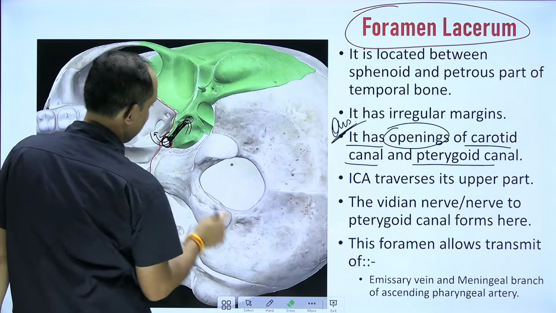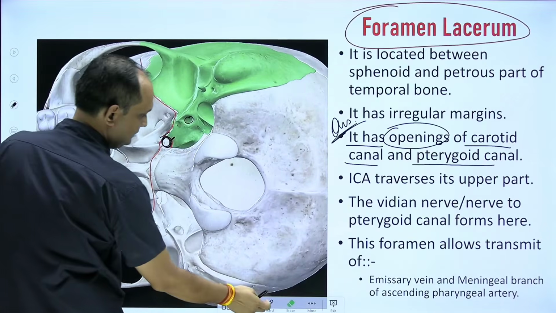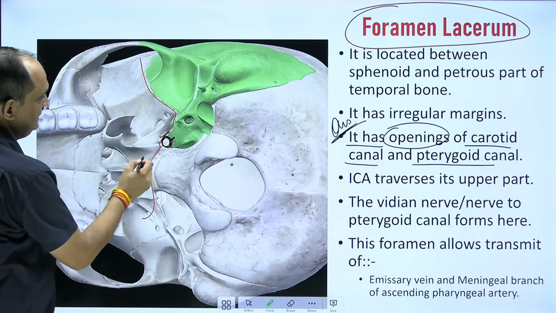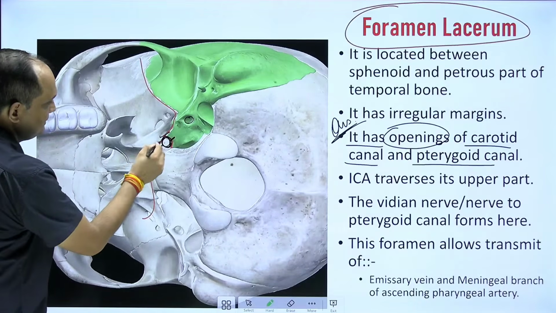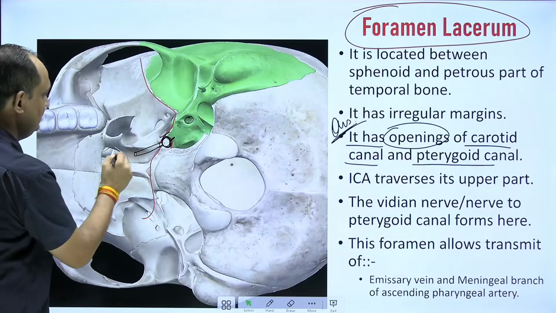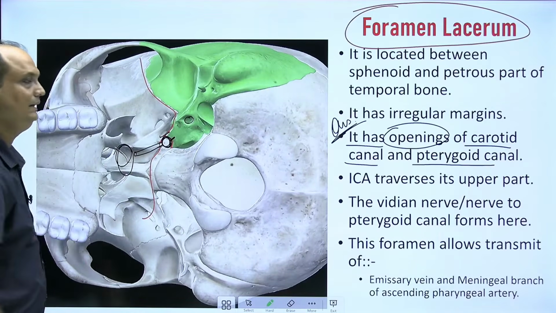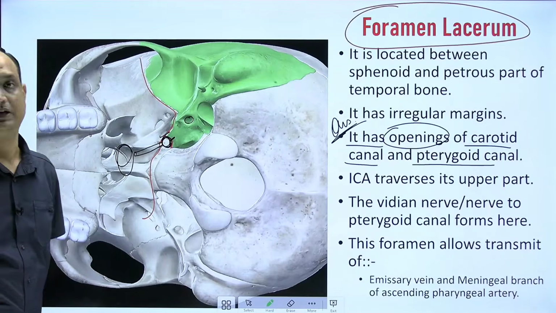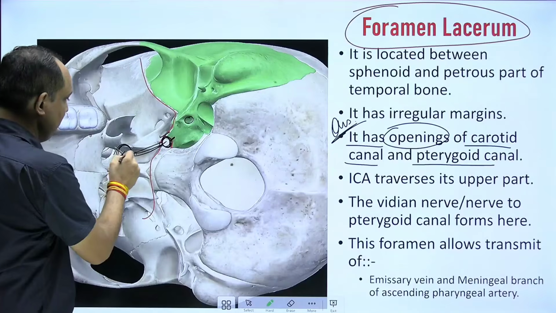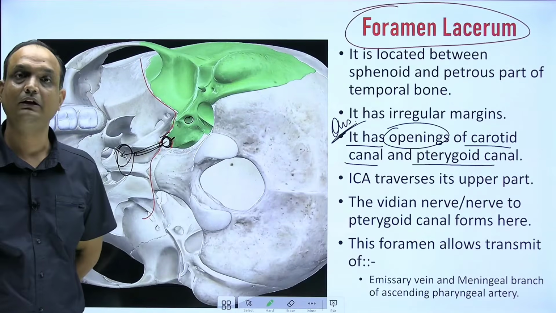Clear? In the same way, the pterygoid canal also has an opening which starts from here, and this pterygoid canal further opens into the fossa which is present here, known as the pterygopalatine fossa. This canal provides entry to a nerve known as the nerve of the pterygoid canal.